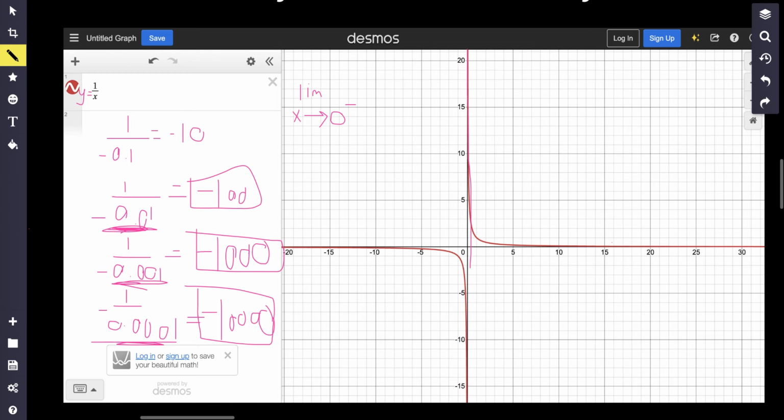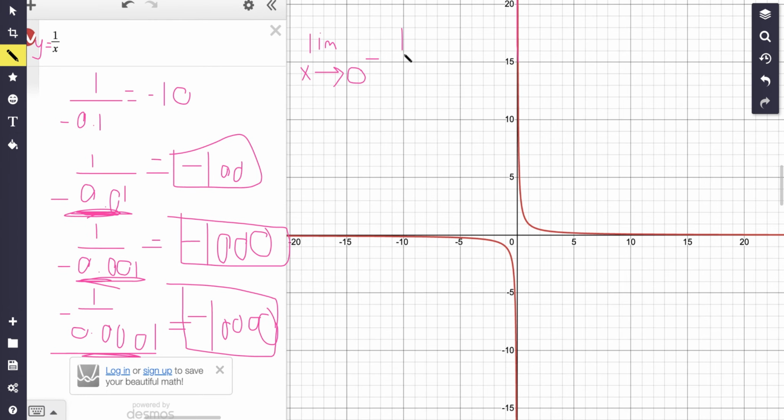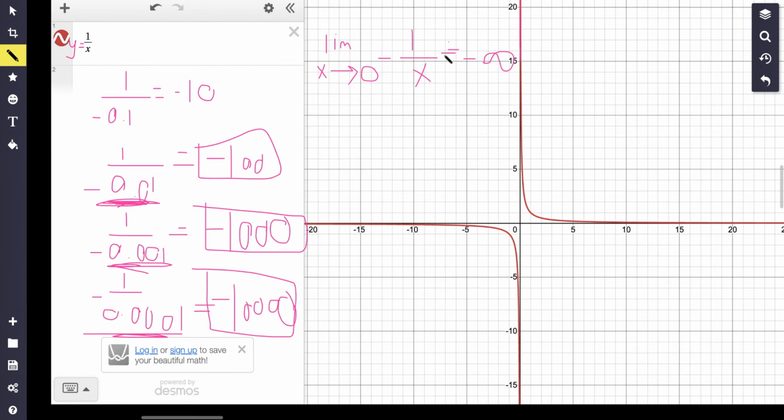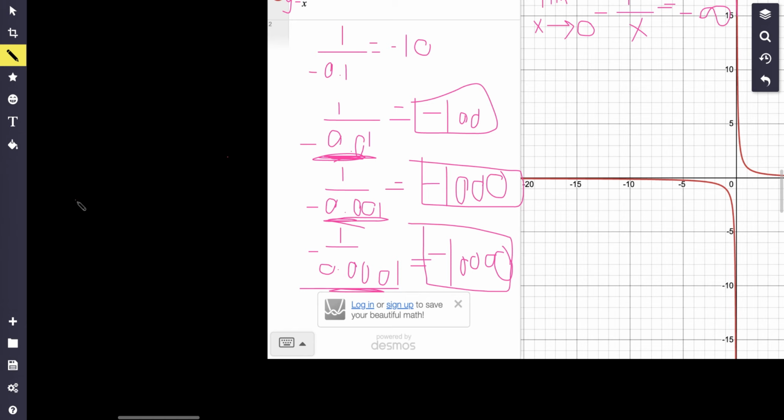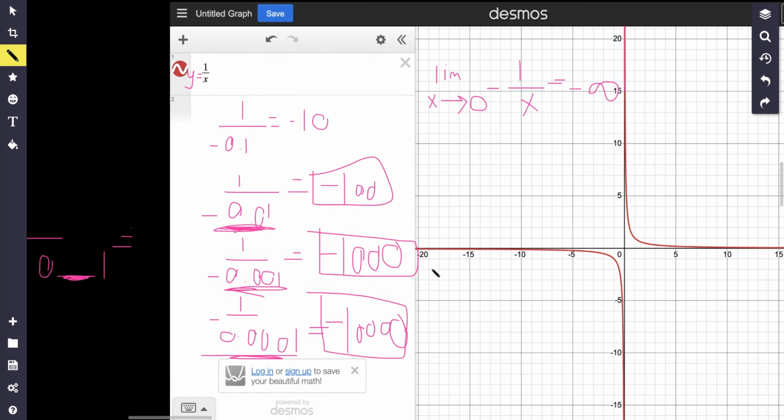Just a quick clarification. So as x approaches 0 from the negative side, for this function, this is going to be equal to negative infinity, a very big negative number. So if you divide, let's say, 1 by negative 0.02 with zeros in a row and then 1, this is obviously going to be a very big negative number, like we saw before.